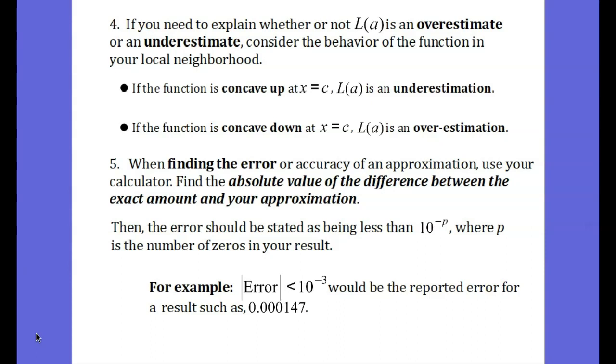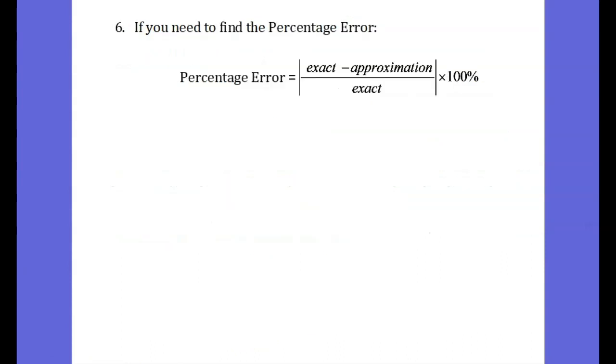So for example, the absolute value of our error would be less than 10 to the negative third if our result was 0.000147. And then finally, in step 6, if you need to find the percentage error, then we will take our error and divide that by the exact value, take the absolute value, and multiply by 100.